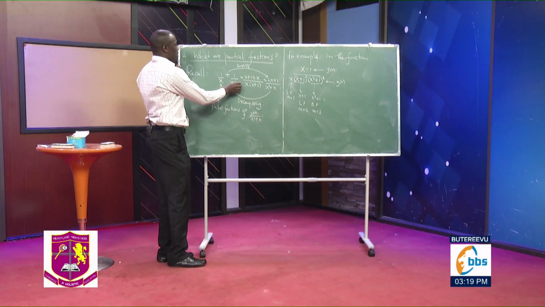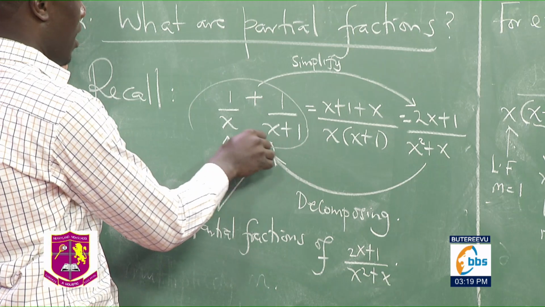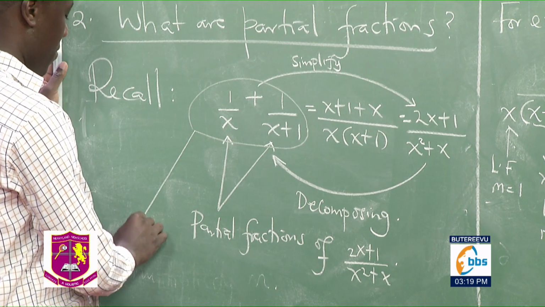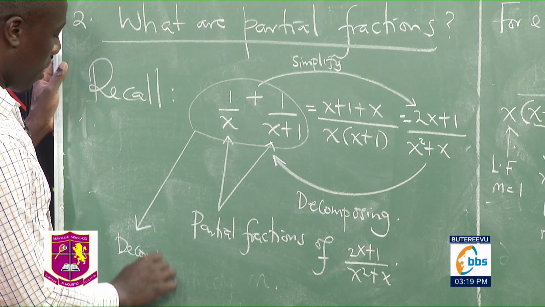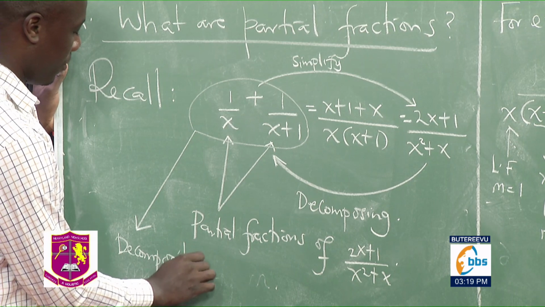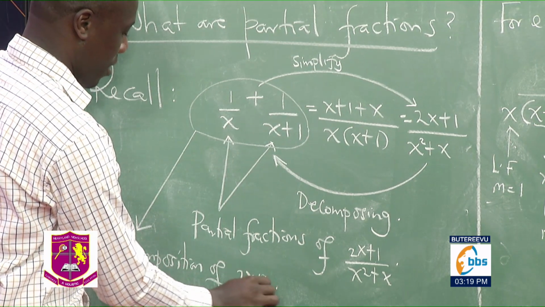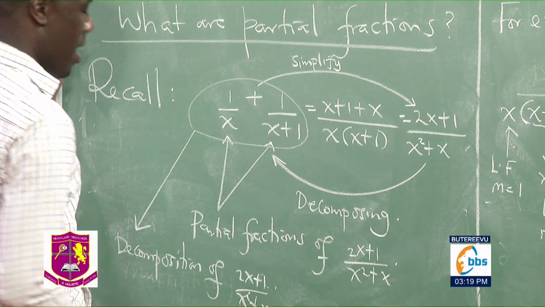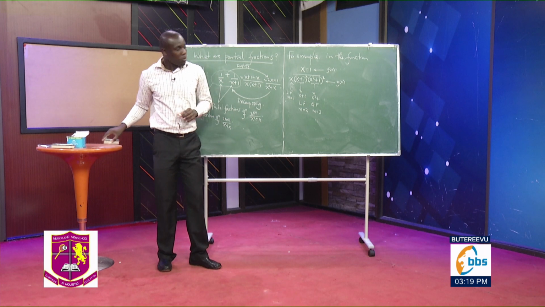So in other words, this object here, that sum there, we could give it another name and call it the decomposition of that guy there into partial fractions.